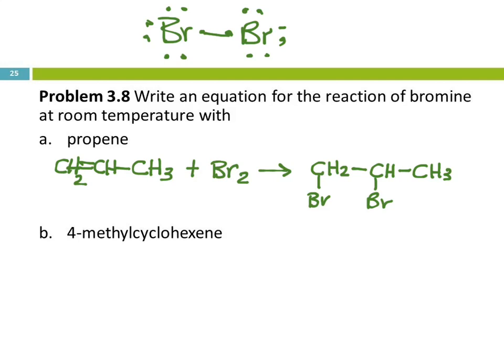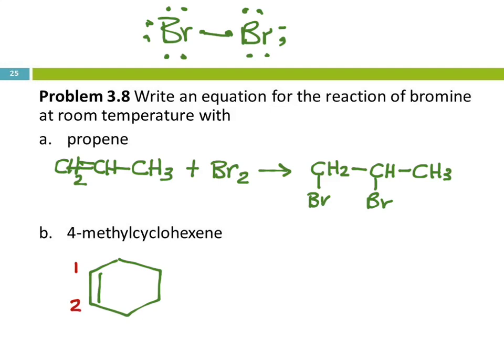How about 4-methyl cyclohexene? Cyclohexene is a hexagon. Hexene has a double bond. You could draw it anywhere, but then when you number it, 1, 2.